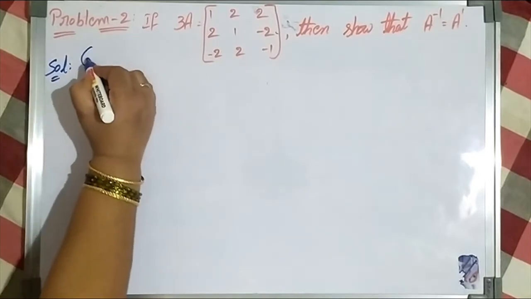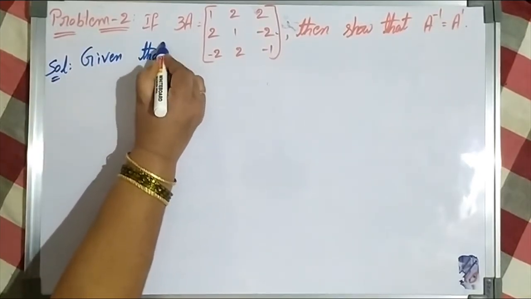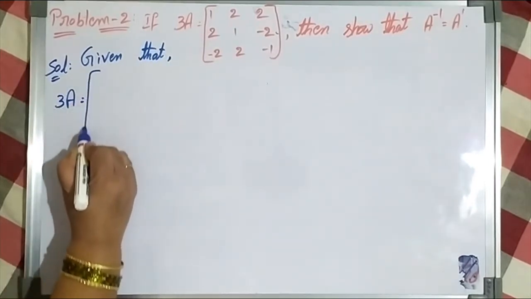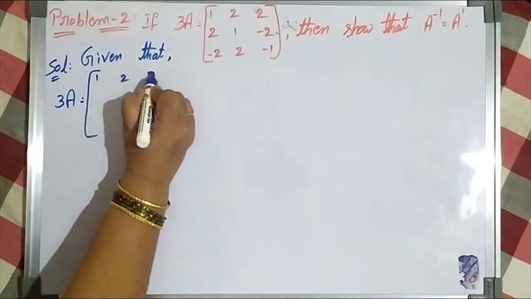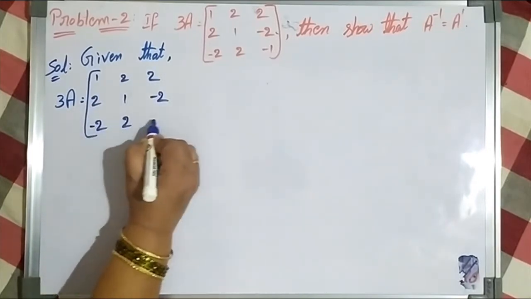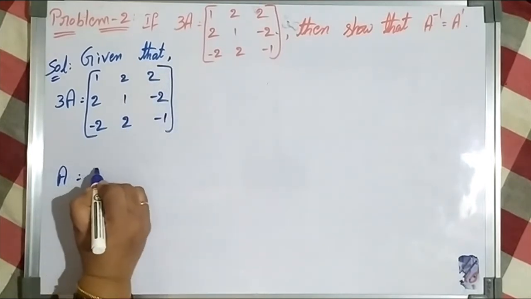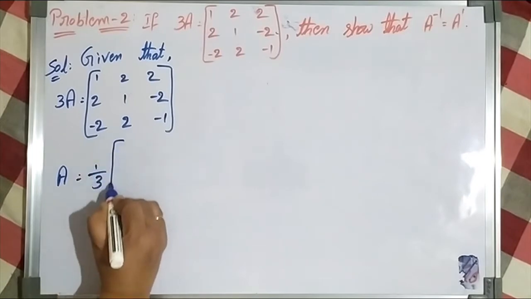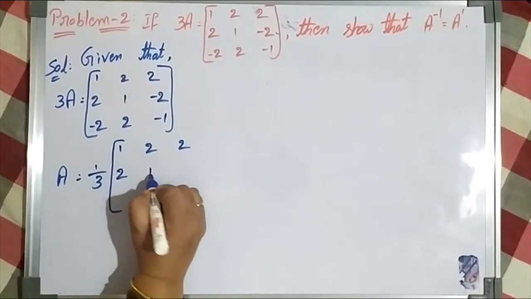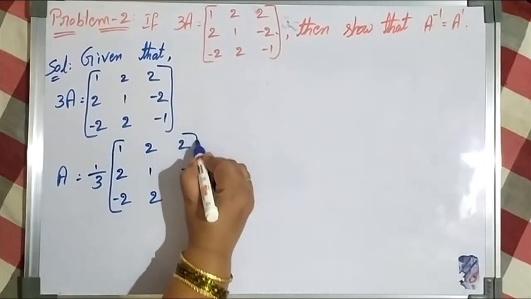First write down the given matrix. Given that 3A is equal to [1, 2, 2; 2, 1, -2; -2, 2, -1], from this A equals 1 by 3 into [1, 2, 2; 2, 1, -2; -2, 2, -1].